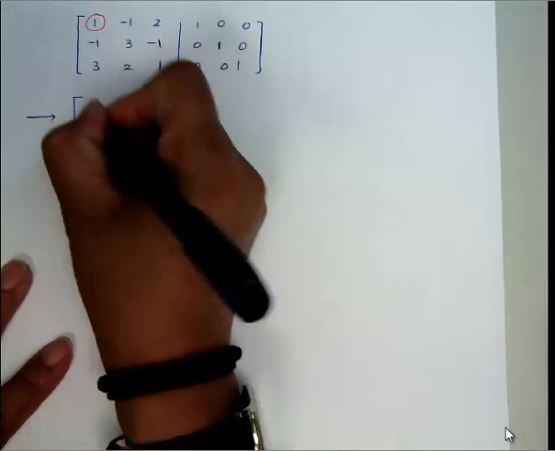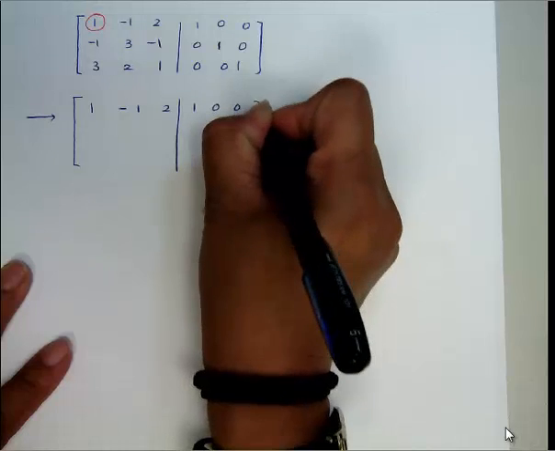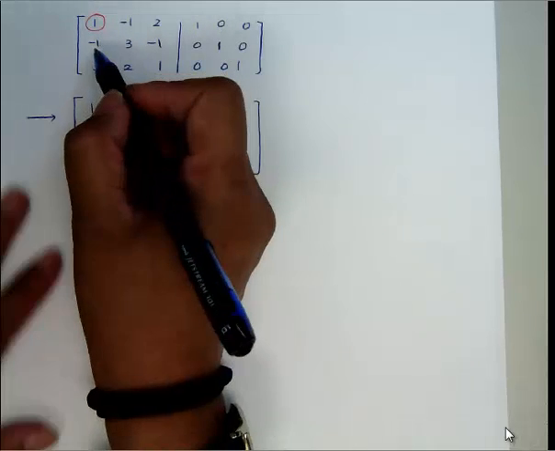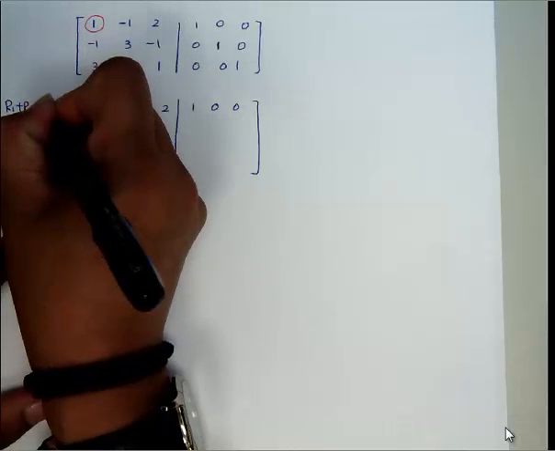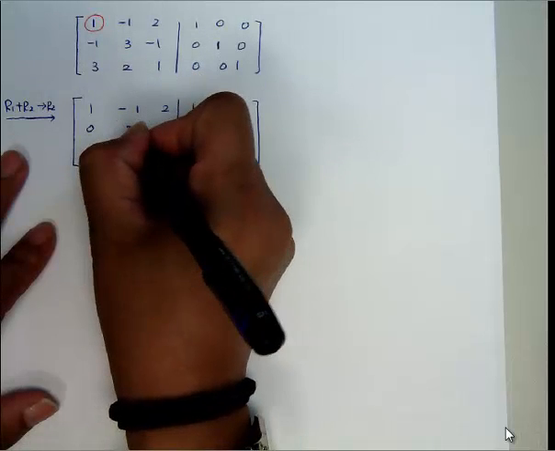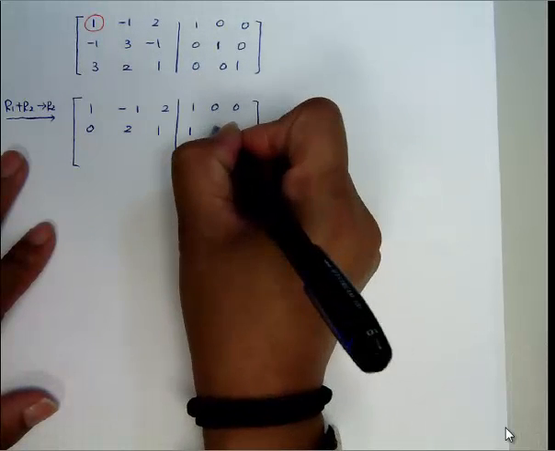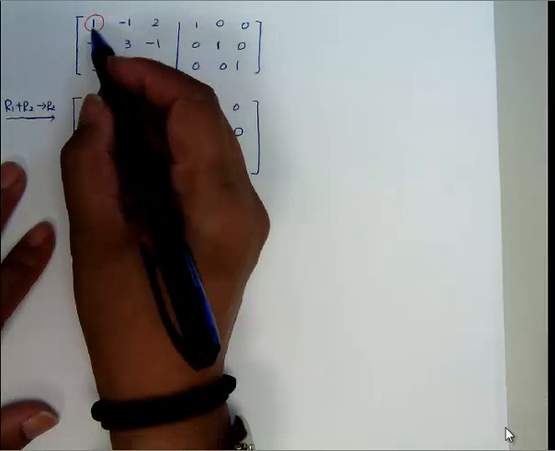So the first row remains the same. The second row will be changed by adding row 1 and row 2 and replacing row 2. So that will be 0, 2, 1, 1, 1, 0. The next one is 3, so I need to make this negative 3.